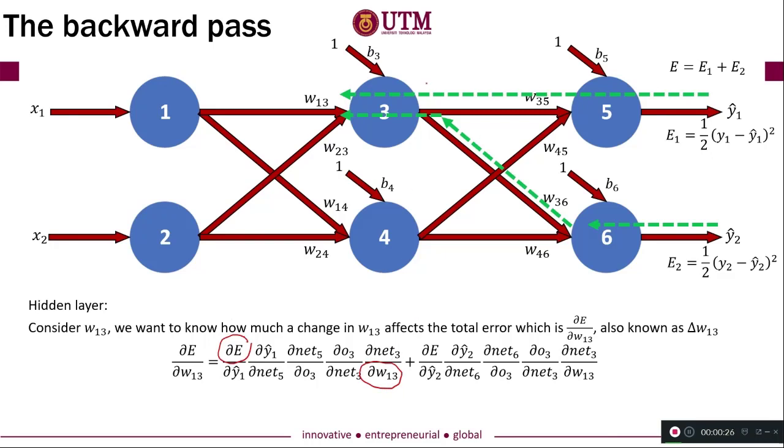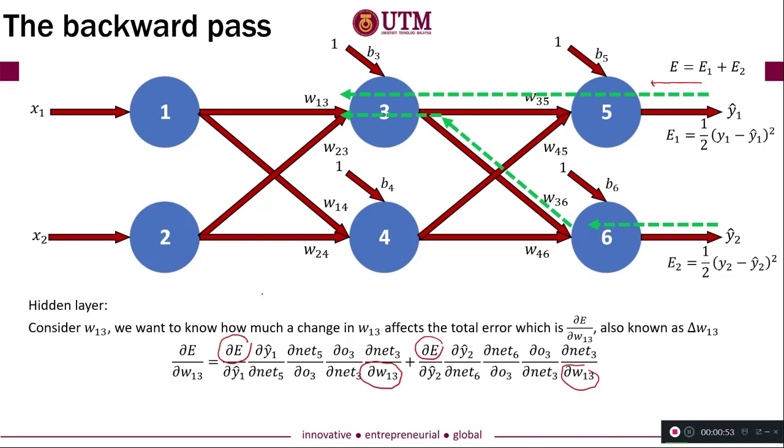Because we have two backward passes involved in this one, one from here and one from here. That's why this second item also starts with E and ends with W13.